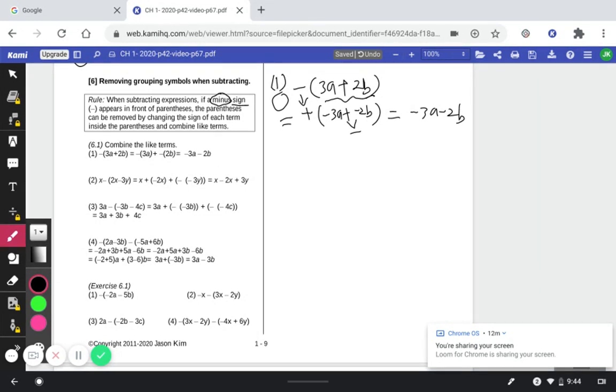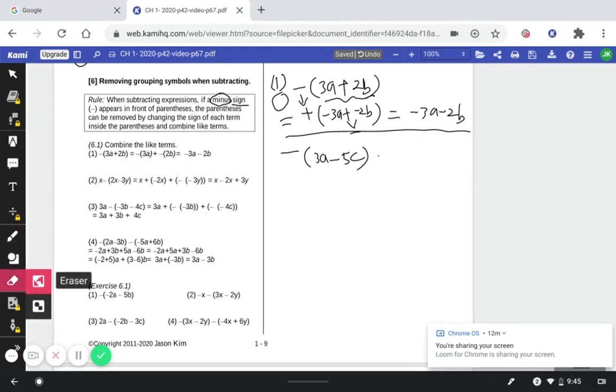So in another example, if you have negative of, let's say, 3a minus 5c, then you change the minus to plus because you keep change.